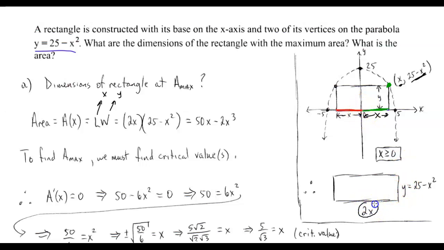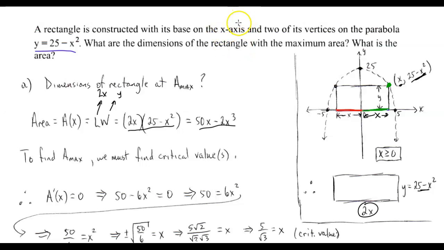So this is why we have 2 times x as the actual length, and y, which can be represented as 25 minus x squared, as the actual width. Okay. So once we put that together, we end up having this cubic function that will characterize the area. Okay.